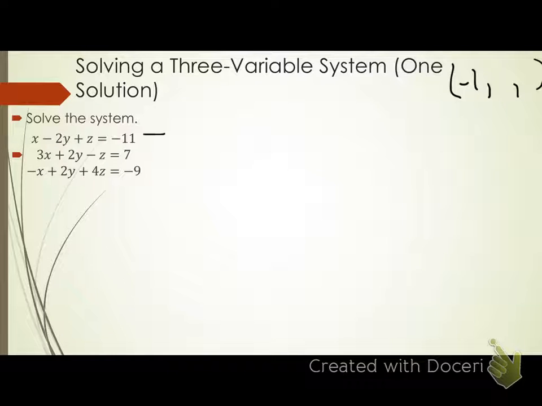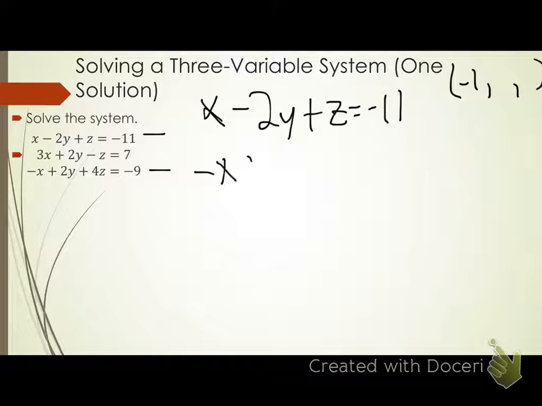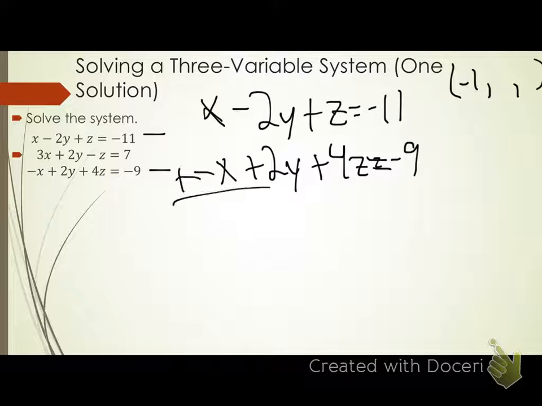Now I'm going to look at my first equation with my third equation. x minus 2y plus z equals negative 11. Negative x plus 2y plus 4z equals negative 9. Once again, in my y columns, I already have same number, opposite signs, so they get eliminated.